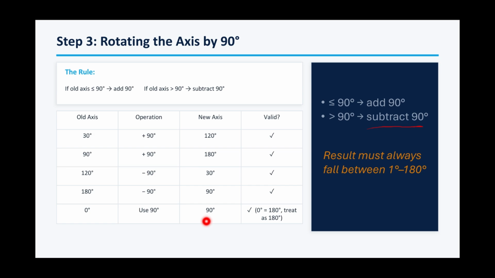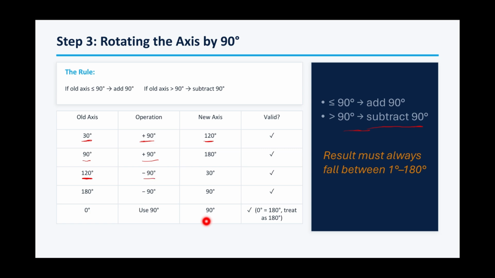Okay, so here is the example. If the old axis is 30, we know that it is less than 90, so we add 90. We get 120, which is a valid prescription. If it is 90, we again add 90, because up to 90 we have to do the same thing. Again we get 180, it's okay. Suppose it is greater than 90. Here we have 120, which is greater than 90. So as I already told you, if it is greater than 90, we subtract 90 degrees from that.